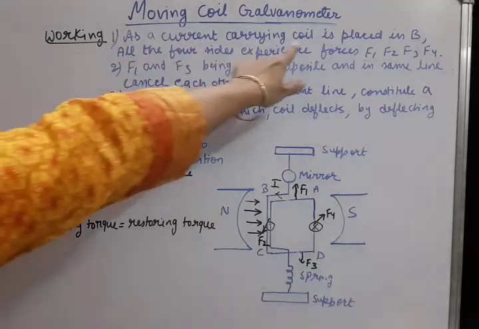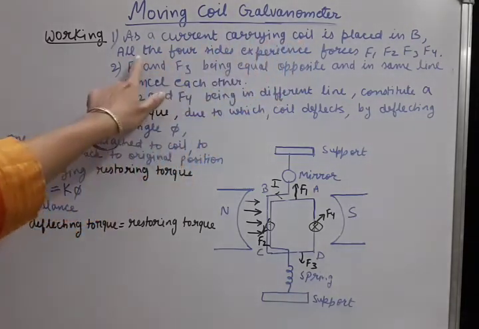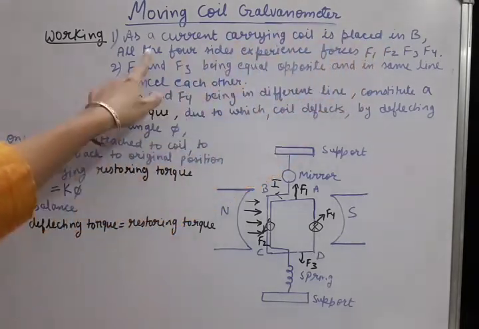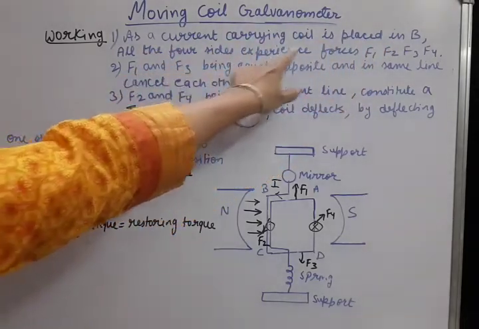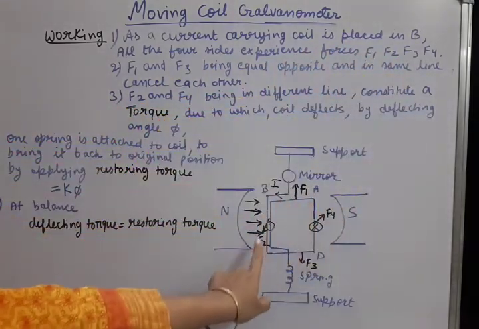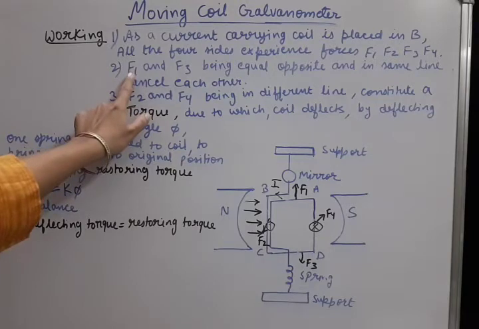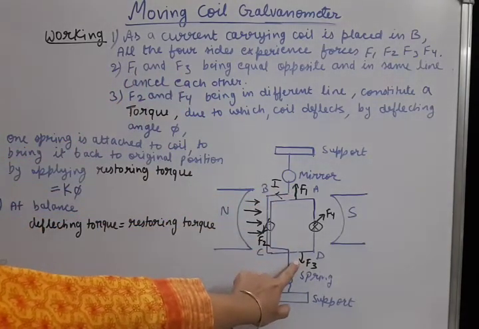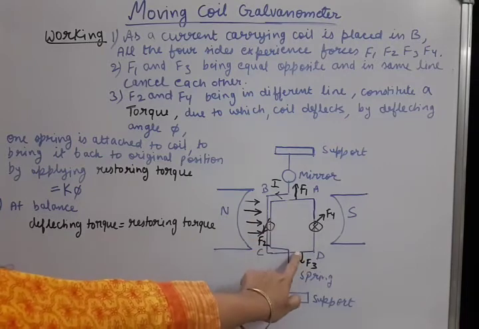As a current carrying coil is placed in B, that means magnetic field B, all the four sides experience forces F1, F2, F3, F4 as we can show in the diagram. Now F1 and F3, being equal and opposite and in the same line, cancel each other.